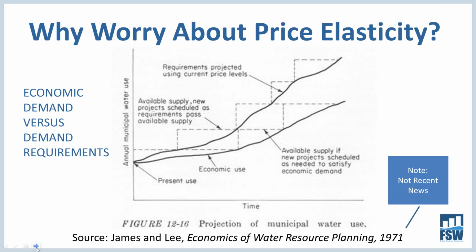That's not theoretical. This is an empirical fact. Water service costs have gone up in the last 2 decades, much faster than the CPI. The lower line reflects the demand that you would see if you understand what customer response is. Note that this is not recent news either. Next slide.